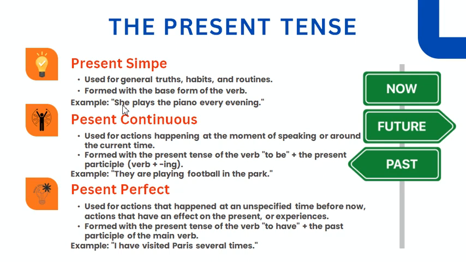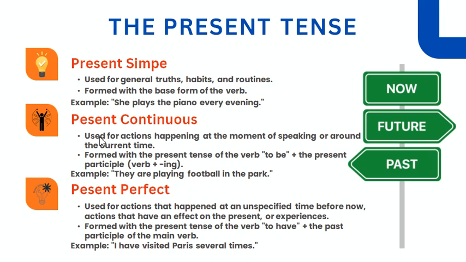So every time you have the subject he, she, it, or any noun which can be represented by these pronouns, you have to add s or es to the verb. That's how you construct the simple present, and its purpose is to express general truths, habits, and routines. Now let's go to present continuous.